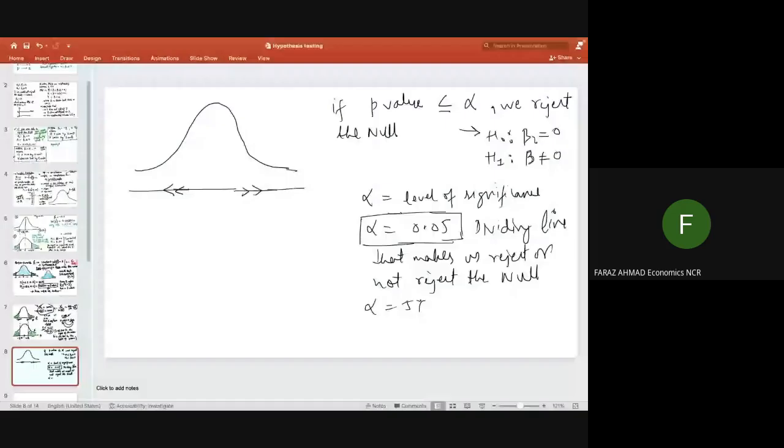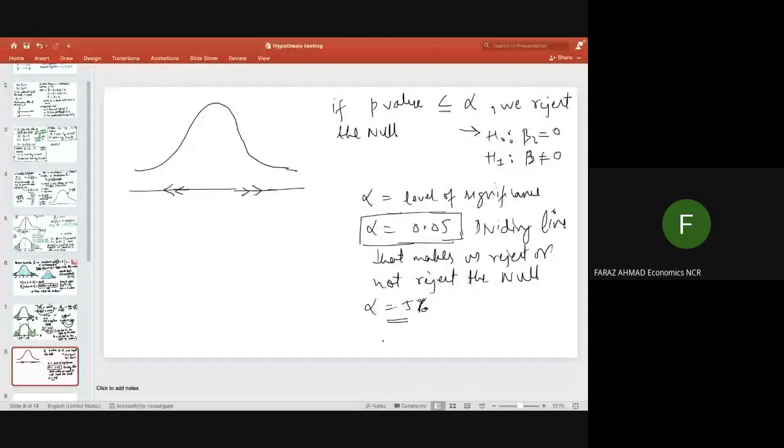In other words, alpha is 5%. What does this mean? It means that if the area under the tails is less than or equal to 5%, we reject the null.